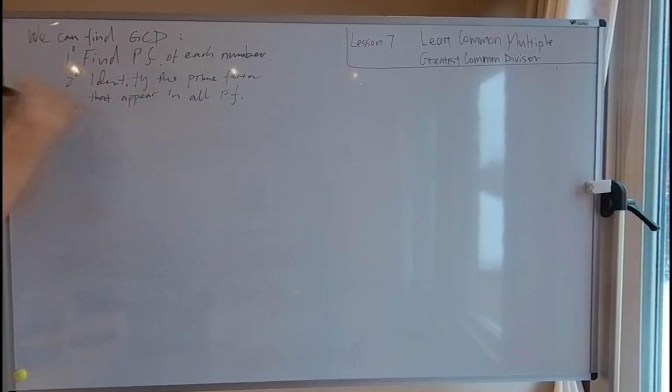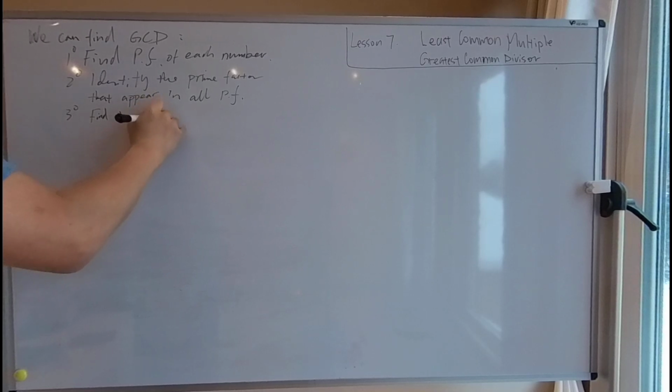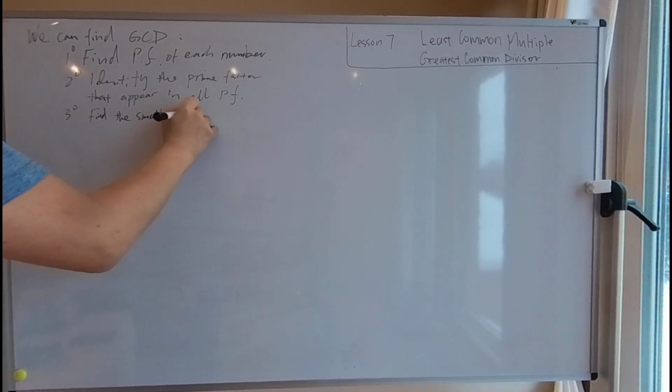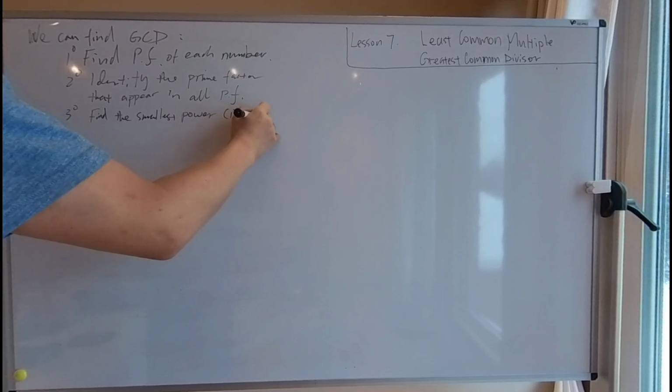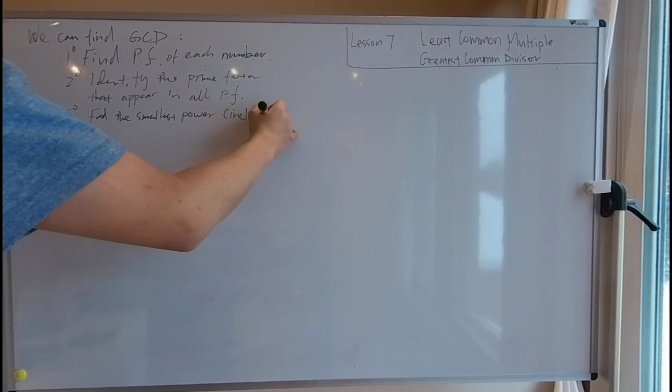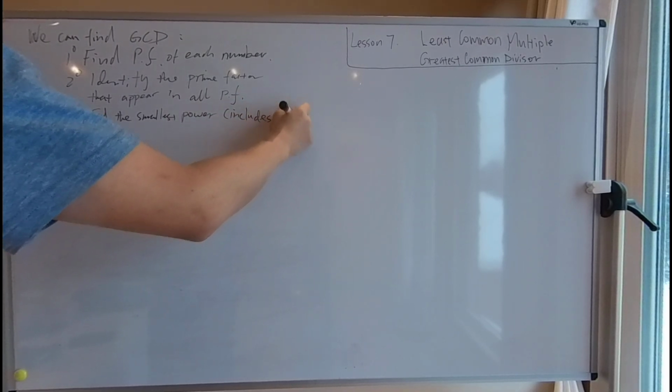And then the next step is different from LCM. In LCM, we're looking for the maximum power, but in GCD, we find the smallest power. And this, in fact, includes 0.